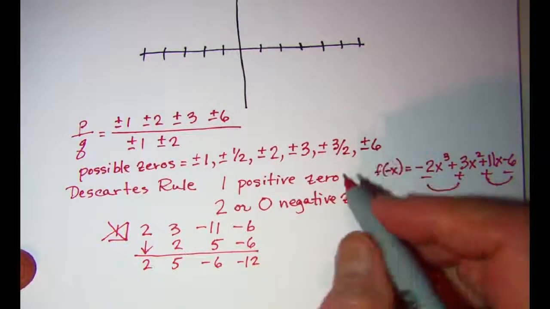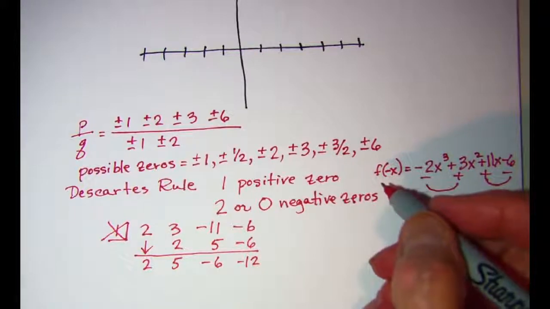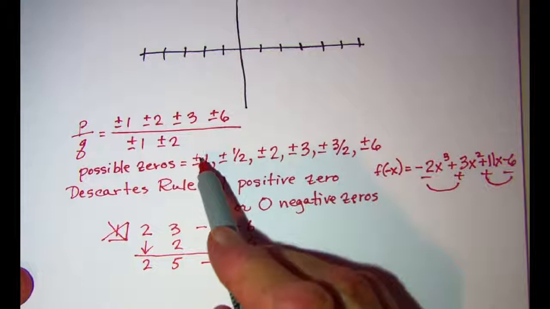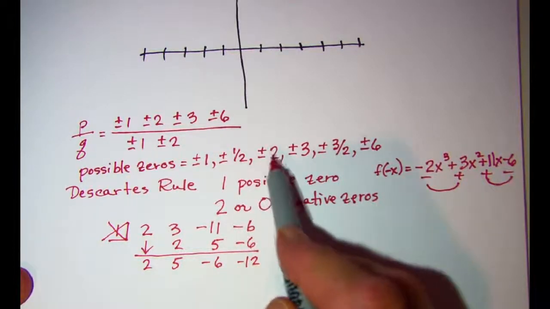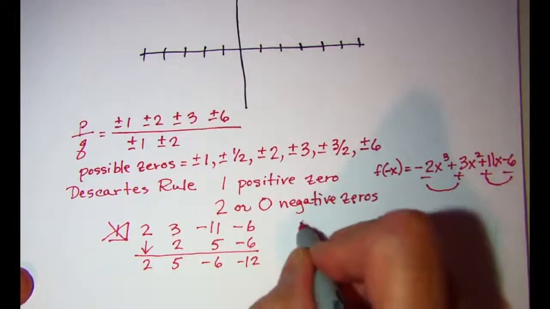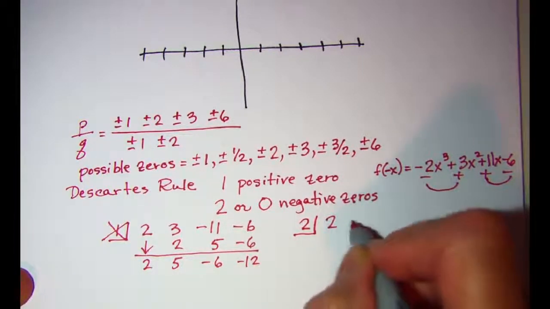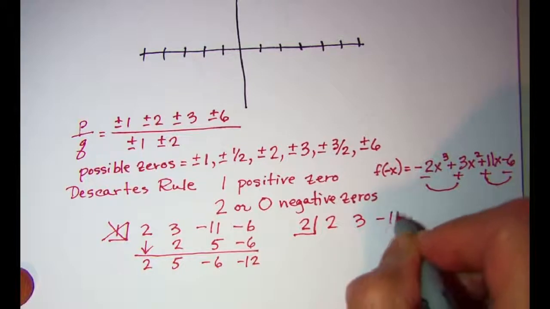I want to check positive zeros, so let me check my next positive whole number, which would be 2. And again, 2, 3, negative 11, negative 6.